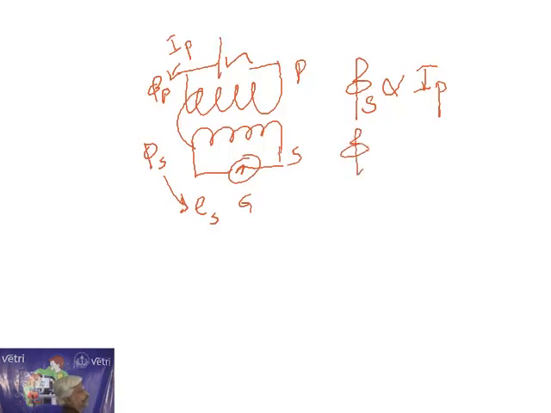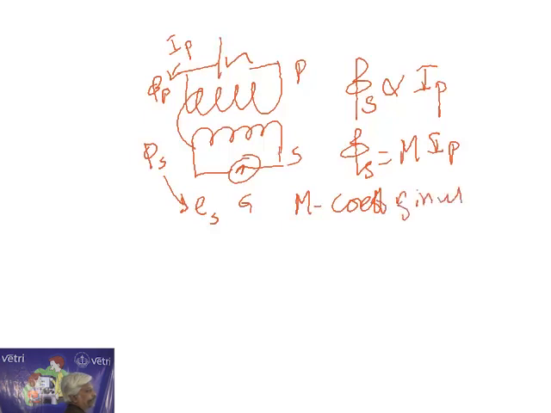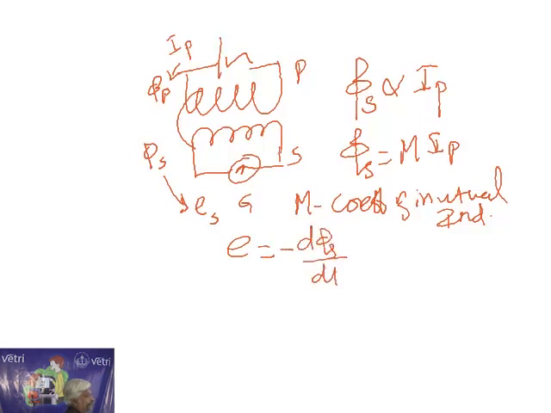Phi S is equal to some constant M into IP, where M is called the coefficient of mutual induction. From Lenz's law, E is equal to minus d phi S by dt. This is the induced EMF in the secondary, equal to minus M dIP by dt.